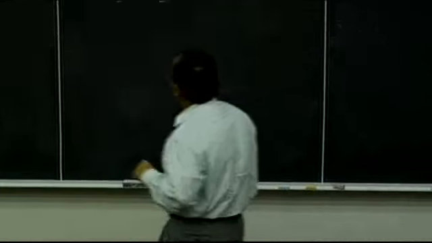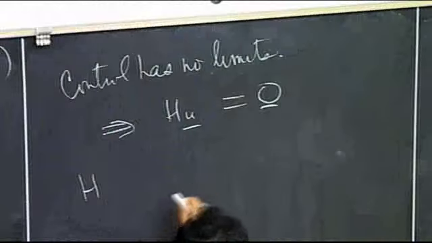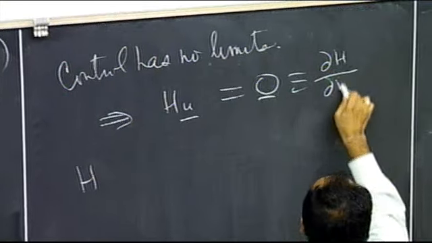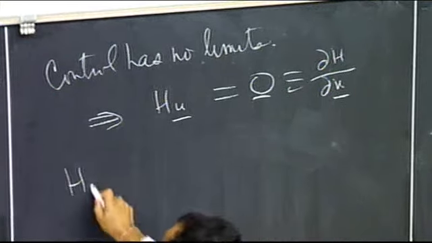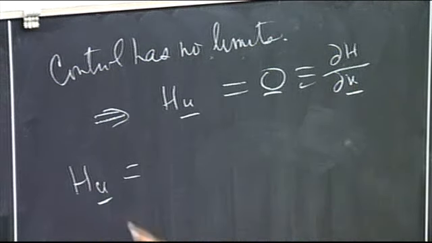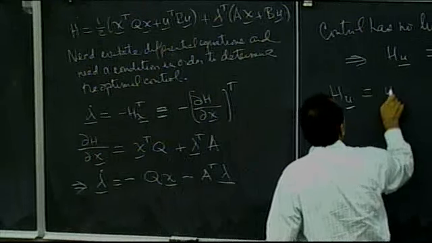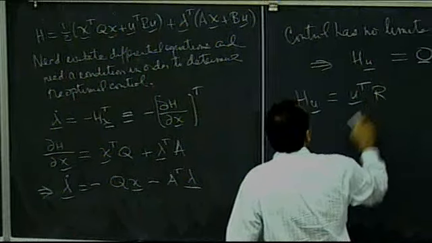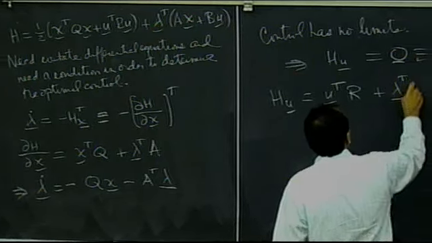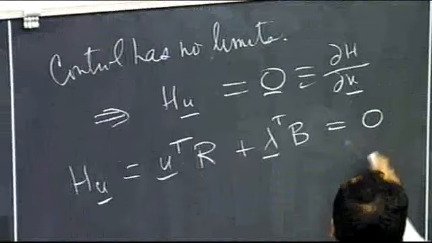So if we take H_U, this is the same thing as saying partial H, partial U. All right? So what is the partial of H with respect to U? We'll take the derivative here. Same thing. You take the derivative with respect to U here. You get U transpose R, and then you get plus lambda transpose B, and that has to equal 0.